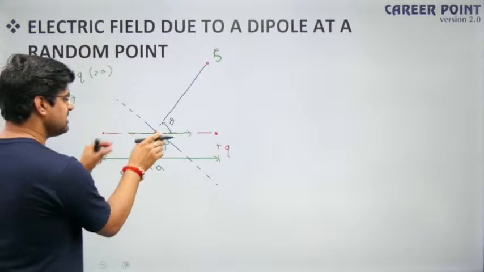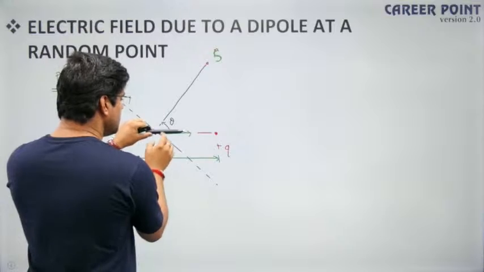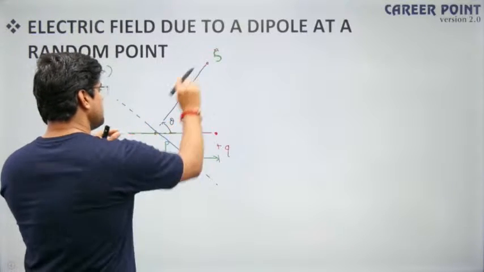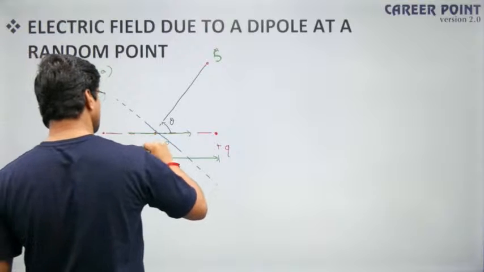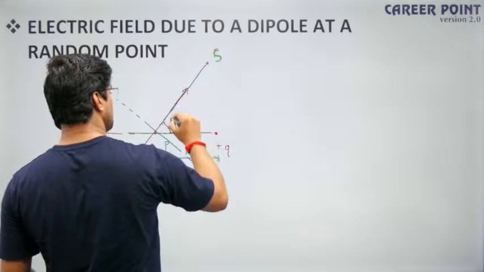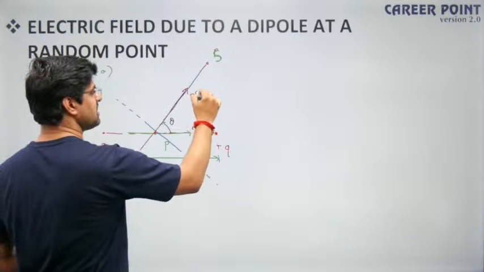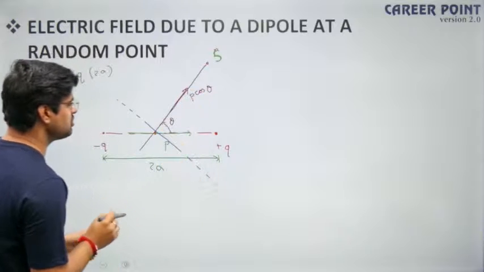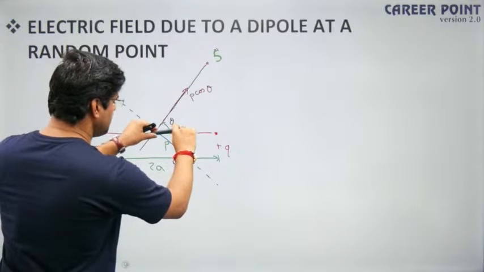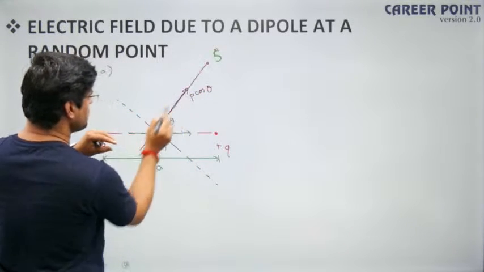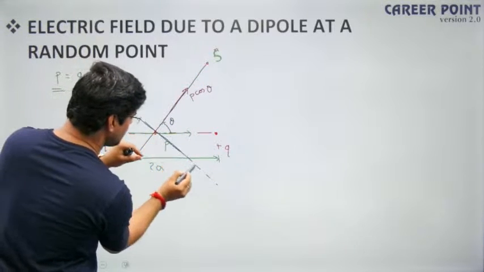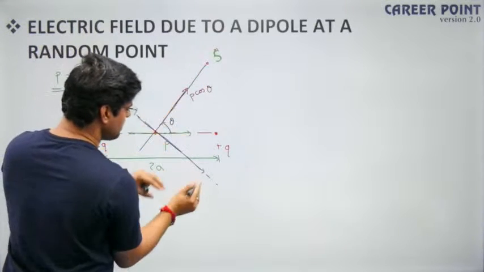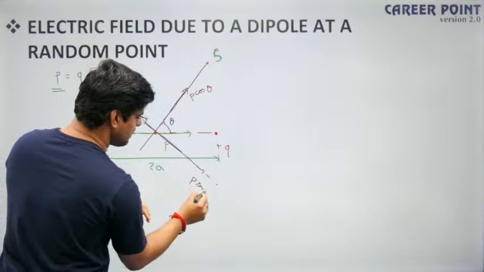Now if this is the direction of P, along this line the dipole moment component will be P cos theta. If I have to know the component of dipole moment in this direction, perpendicular to the line joining the middle point to S, I will take the component like this. If this is P cos theta, this component will be P sin theta.